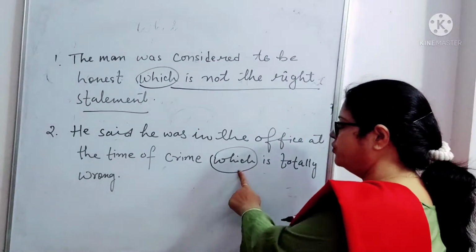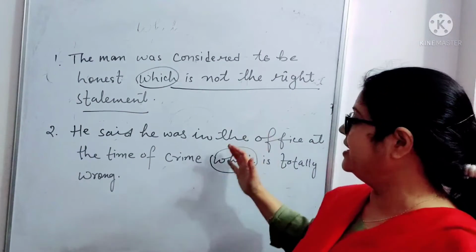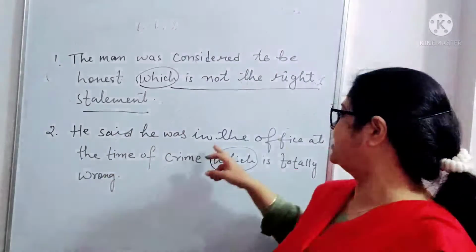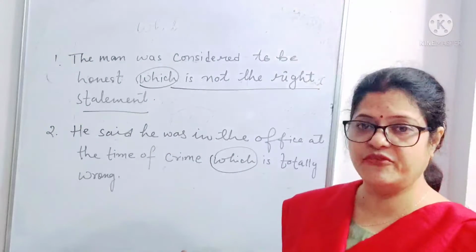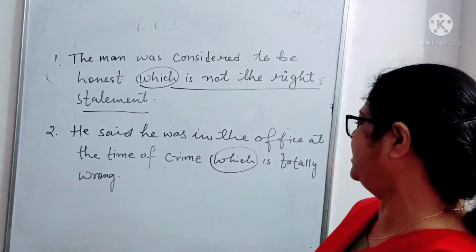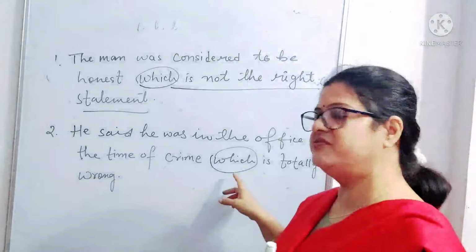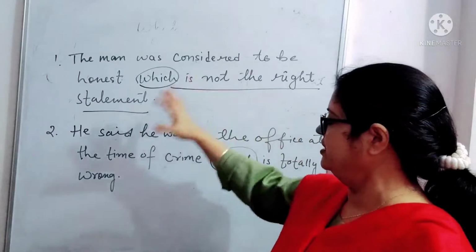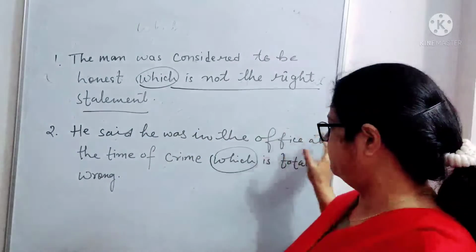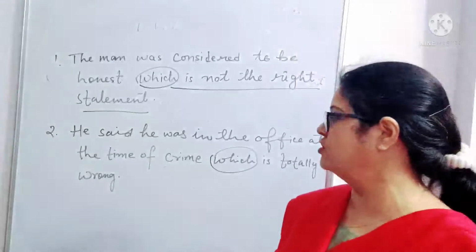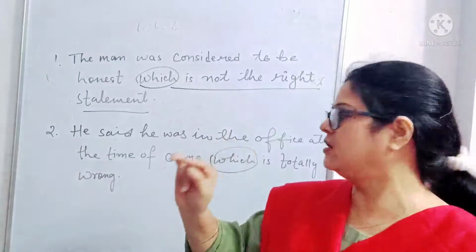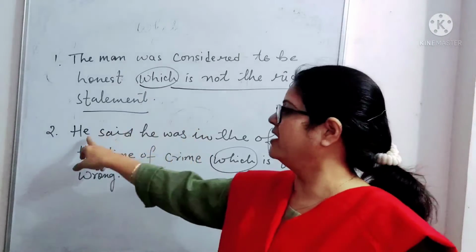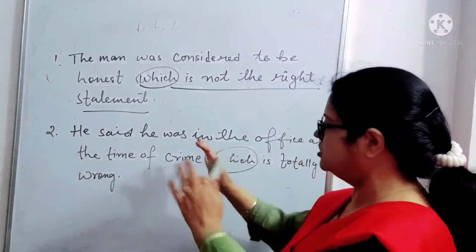This relative pronoun is telling about the whole statement made by that person, that he was in the office at the time of crime, which is totally wrong. So here which is actually telling about the whole sentence or clause, but not one part of the sentence. It's not telling about the crime, or about he, but about the whole sentence.